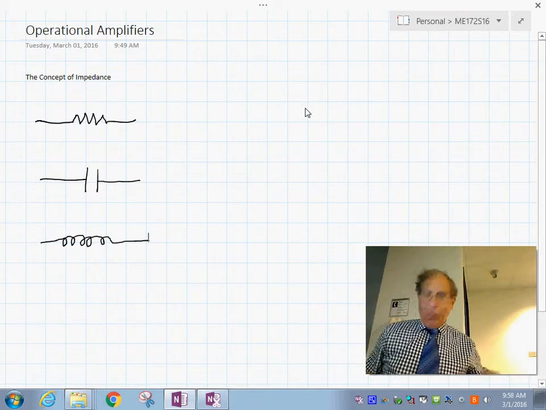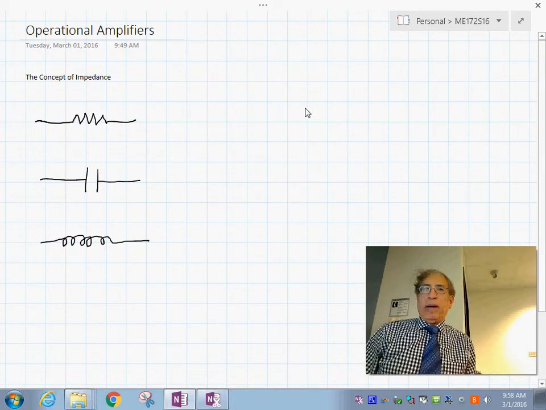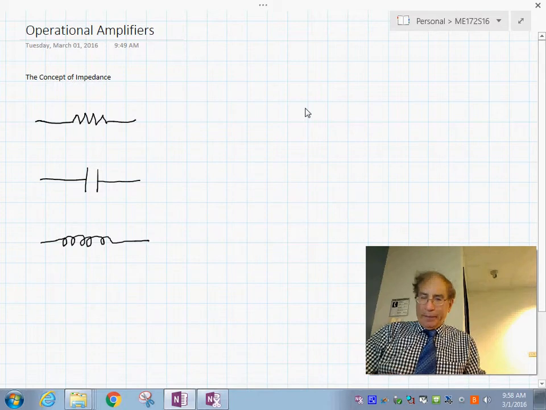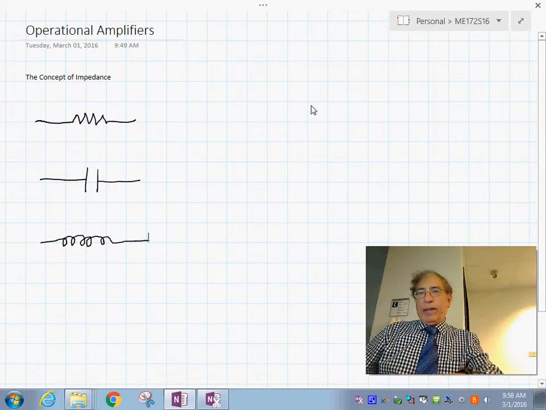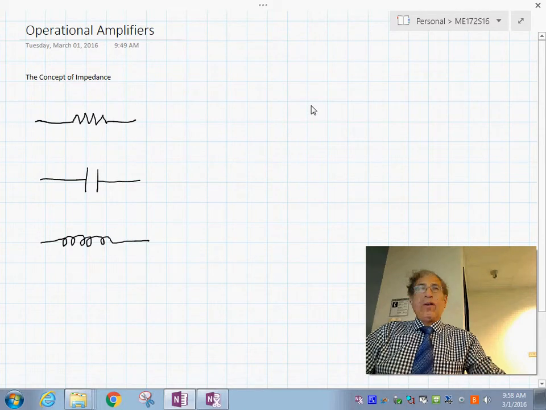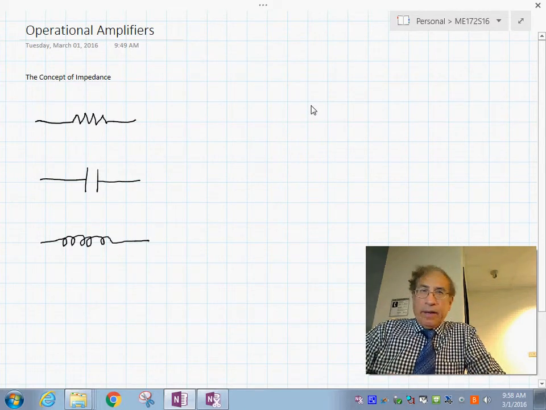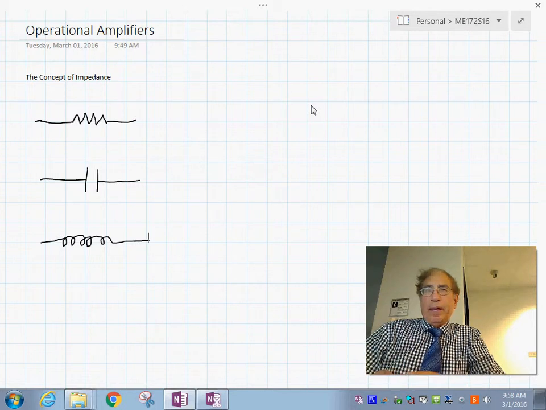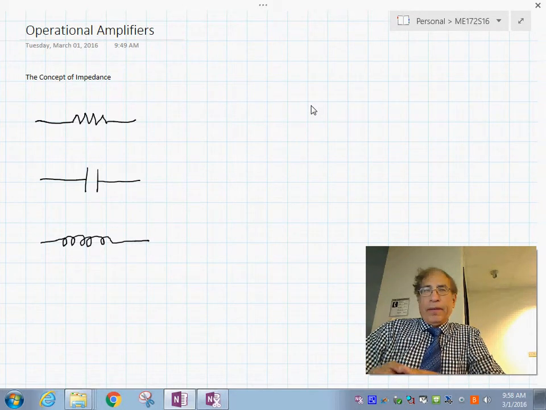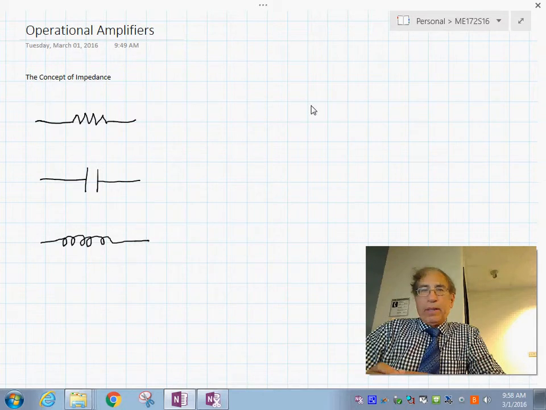Okay, this morning we are going to talk about operational amplifiers. And before we do that, we need to get the concept of impedance very clearly. So what you see on the screen are three of the most elementary elements that we use in electrical systems.